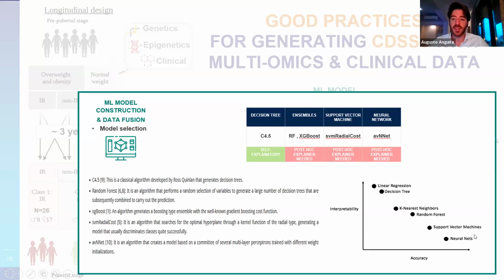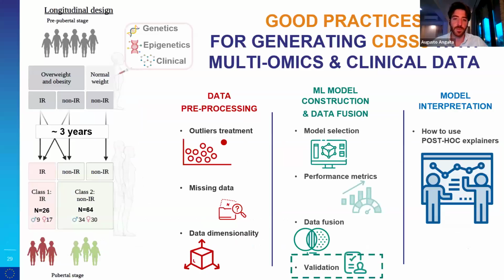And probably we can expect neural networks and deep learning algorithms to offer us a higher accuracy for prediction. In between, we find the ensemble models, which are a combination of multiple decision trees, and also the support vector machines, which try to identify complex nonlinear relationships in the variables to predict the outcome. So this was our selection, and we are going to apply all these models in our problems and compare their performance for the task of predicting the future outcome.